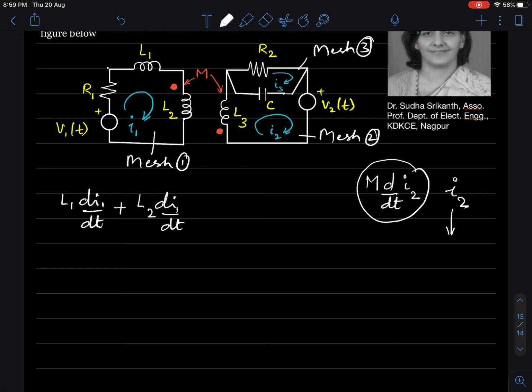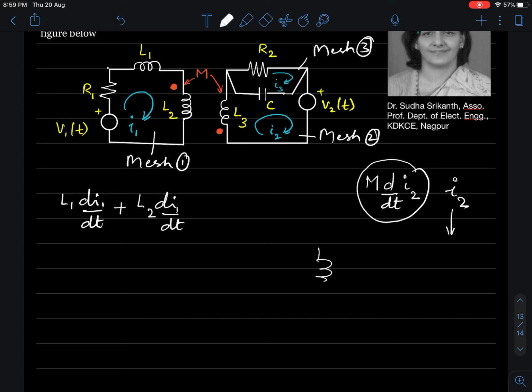So going from the bottom, it enters the dot. Current I2 enters the dot in L3. When the current enters the dot, according to our convention, it produces a positive polarity at the dot of the other coil. The other coil is L2.